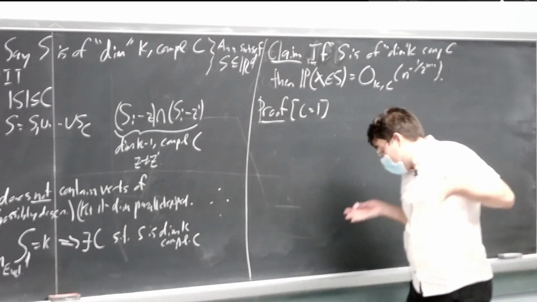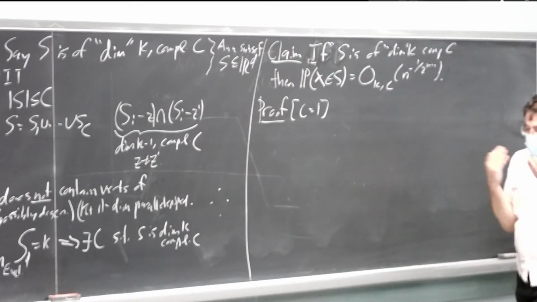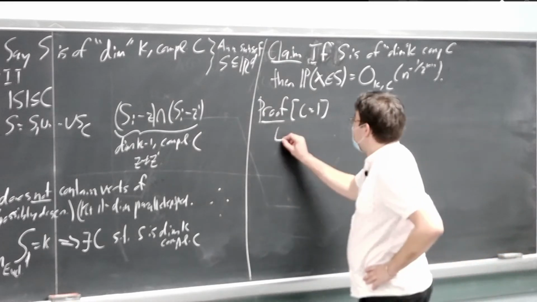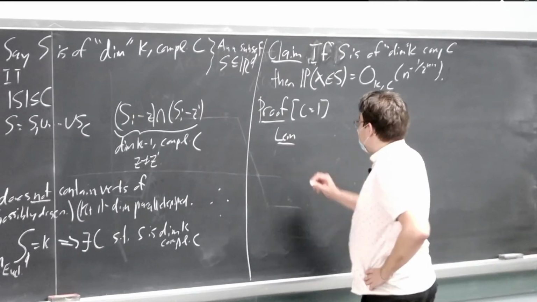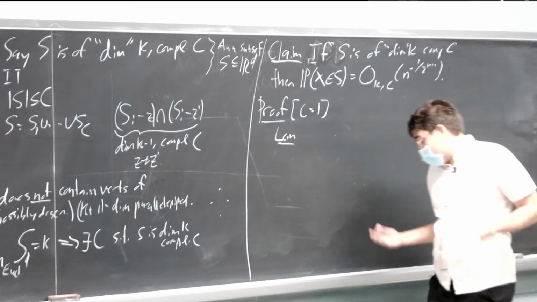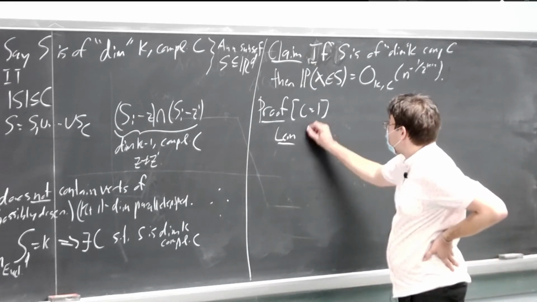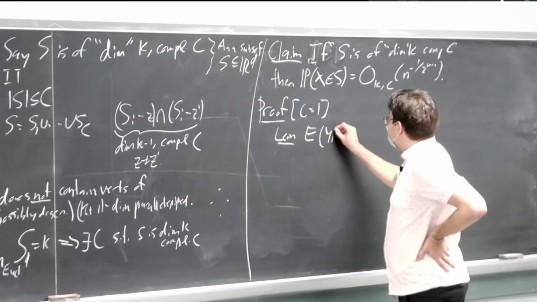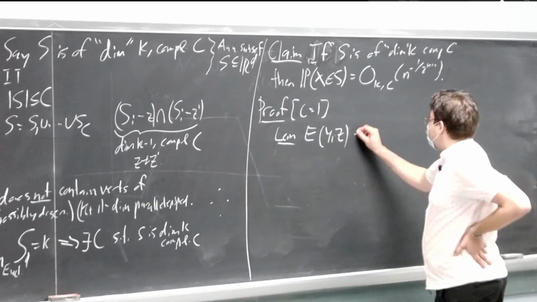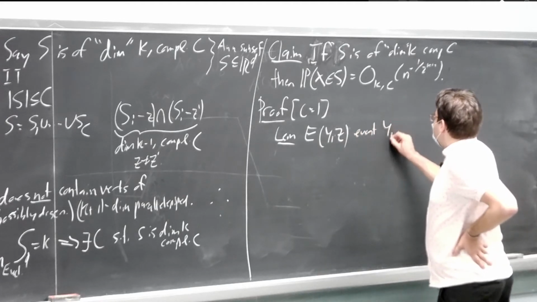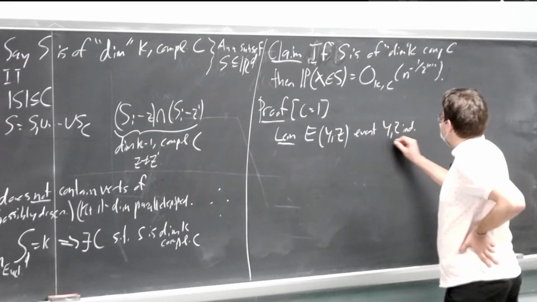I'm going to need a probabilistic lemma, which I'll call the decoupling lemma. The probabilistic inequality says the following. Suppose I have some event that depends on two random variables, y and z, which are independent.